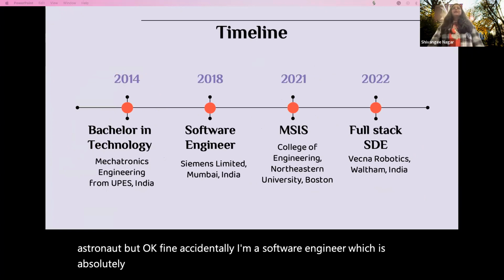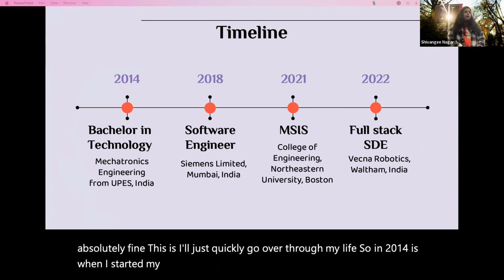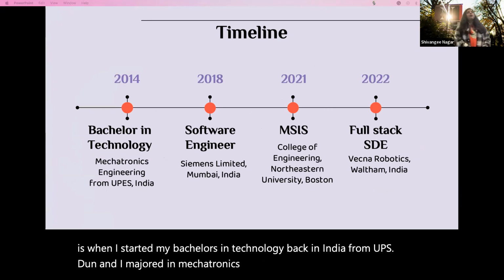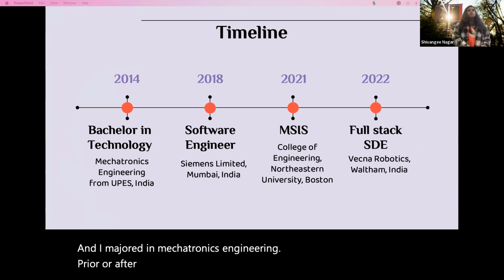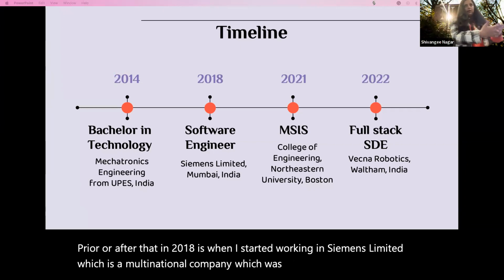I'll just quickly go over my life. In 2014 is when I started my bachelor's in technology back in India from UPES, Dehradun, and I majored in mechatronics engineering. After that, in 2018 is when I started working in Siemens Limited, which is a multinational company based out of Mumbai, India.